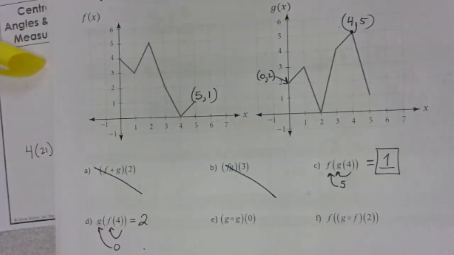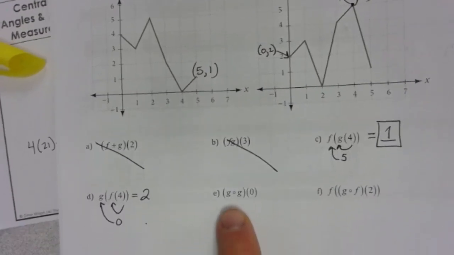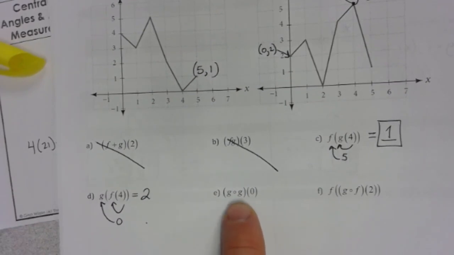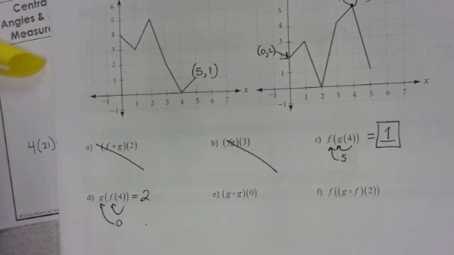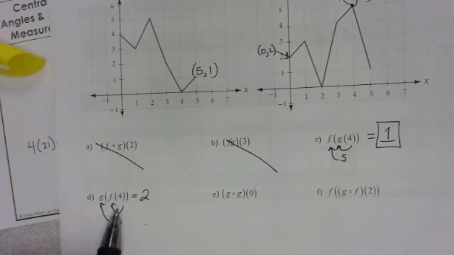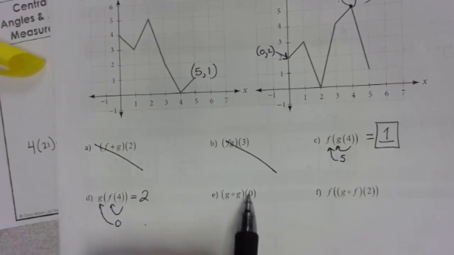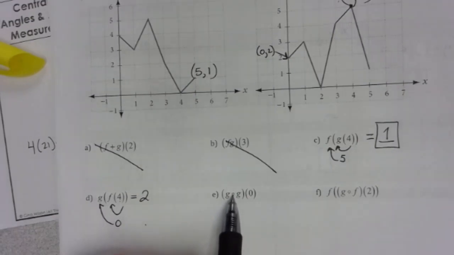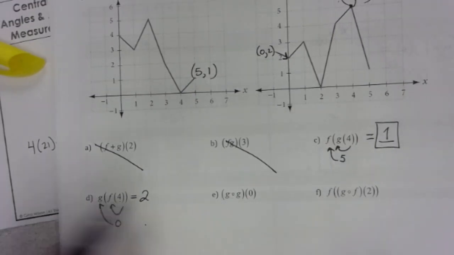The next problem is something that I was checking on when I was trying to flip the page and asking him to hold on for a second. Can I have 2 of the same function letters right in a row? I can, right? It's basically, instead of taking a number and putting it into one and then a different one, I'm taking that number, plugging it into a function, and then its answer back into the same function, right?